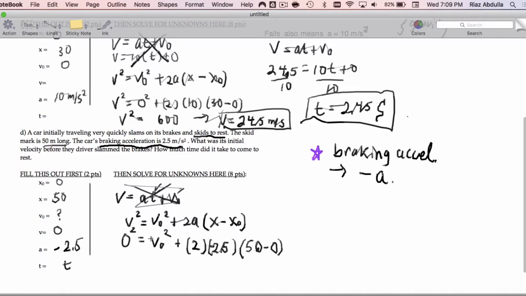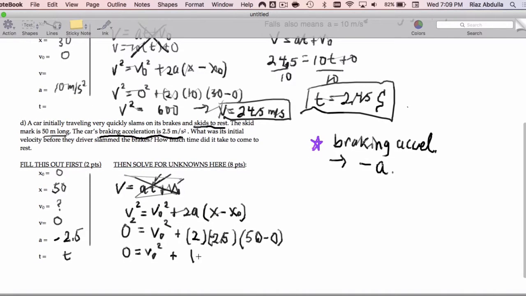So I'm going to get 0 equals v naught squared plus, that's 5 times 50, negative 250, all in parentheses. So I'm getting v naught squared is 250, or v naught is 15.8 meters per second. Awesome.